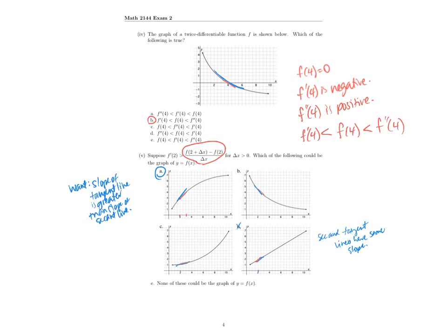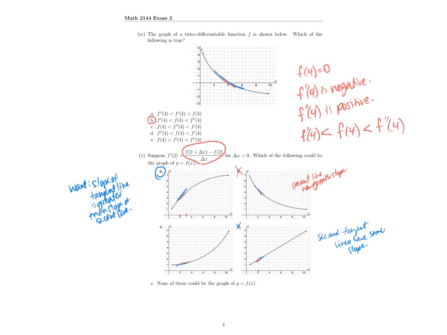Let's see if B works. So the slope of the secant line is less steep, so the secant line is greater. So the secant line has greater slope. So it's not B. Now the secant line has greater slope.